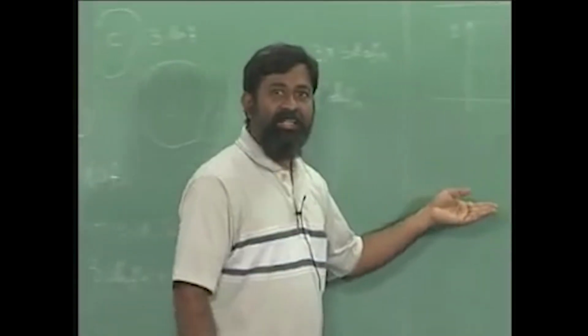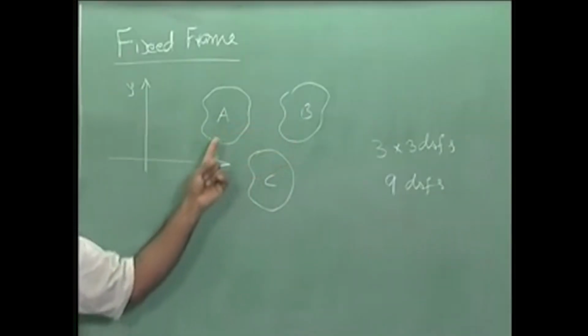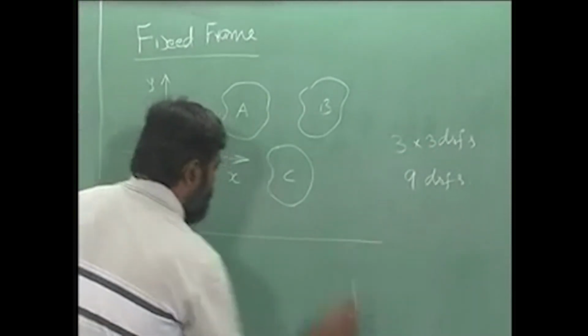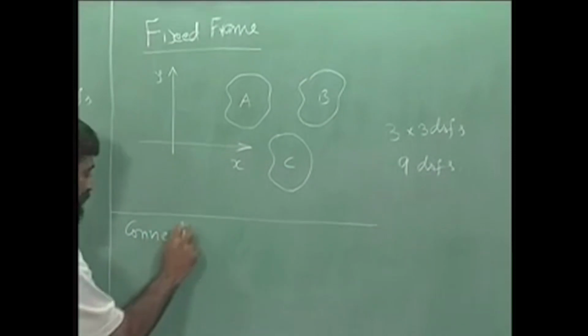Let us just add a little bit of complexity to this. Here we assumed that each of these rigid bodies that we have are completely independent of each other, right. Supposing I introduce connectedness, I am just going to call it as connectedness.